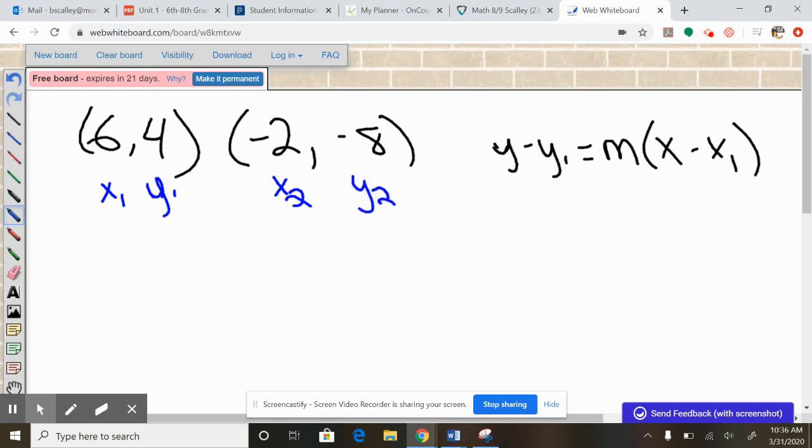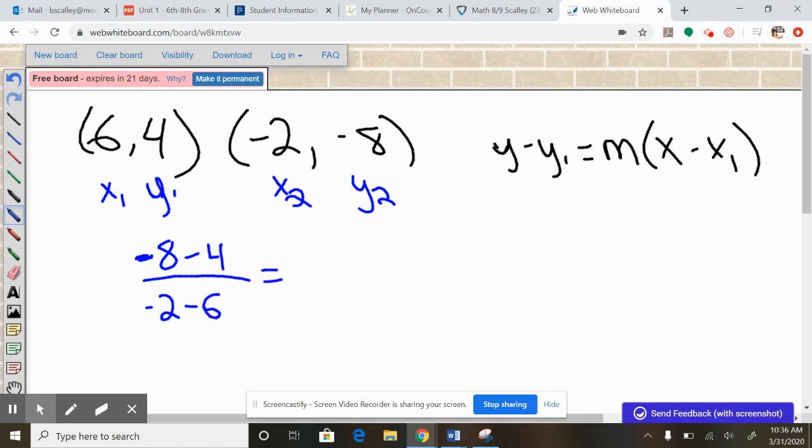I'm going to do y2 minus y1 on top of my fraction, which would be -8 minus 4. It's a negative sign. And on the bottom of my fraction would be x2 minus x1, which would be -2 minus 6.